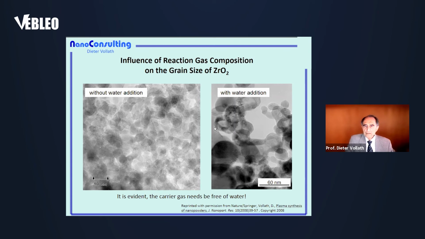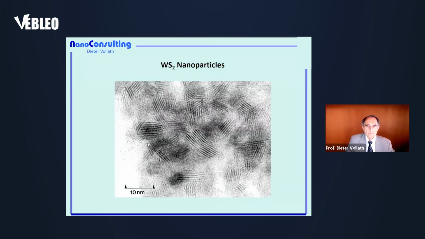On the right-hand side, you see the particle size distribution in case our carrier gas contained some water. You see, we have huge particles and a broad range of particle sizes. And here, nearly all the particles have the same size.